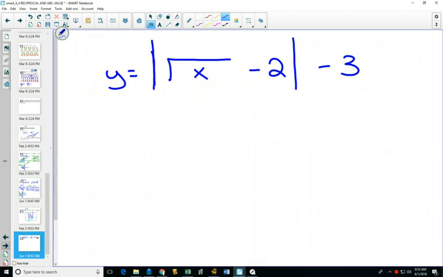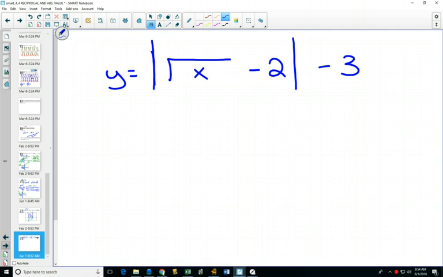Whatever graph this absolute value is, what will the minus 3 do in the end? What does the minus 3 do at the end in a transformations graph? It moves it down 3 units. So what we're going to do is graph this absolute value function first, and whatever graph we get, after that, it's going to get moved down 3 units.